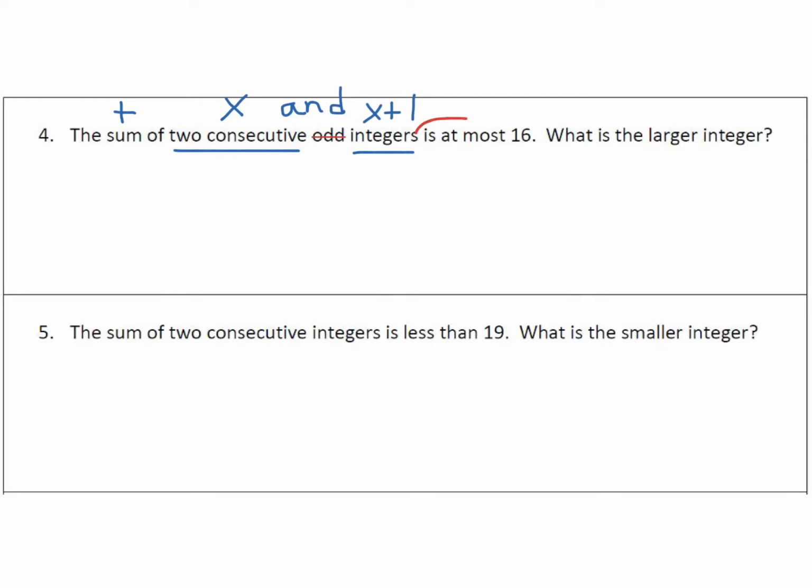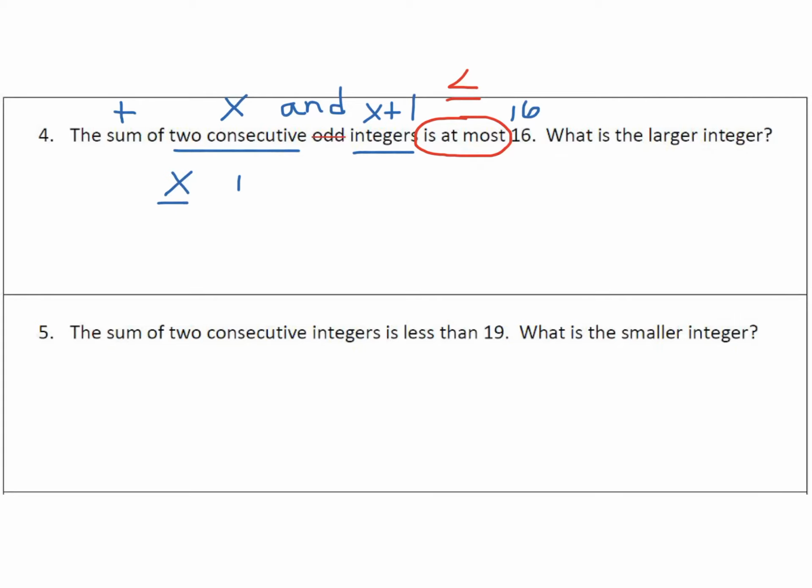Is at most, the word is there tells me this is an inequality, and at most means less than or equal to, and then 16. All right? So the sum of the two integers that I have here is going to be at most 16.